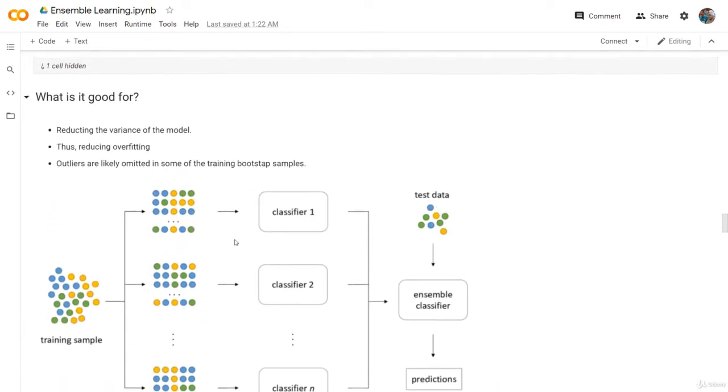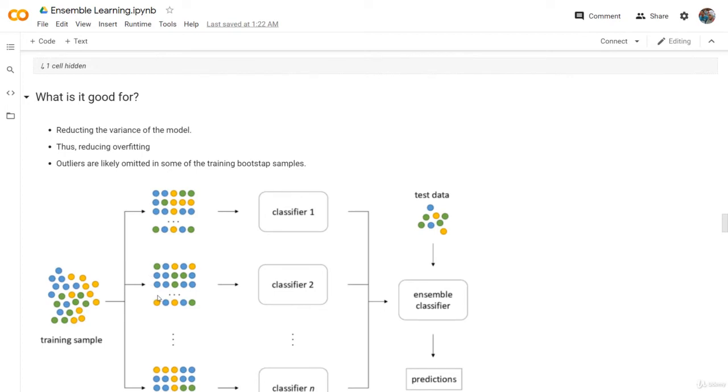Here, we are doing resampling with replacement, so some of the examples are not in the new training dataset for each classifier. So the out-of-bag error for this classifier will be different from the out-of-bag error for this classifier, because the duplicated examples here are different from the duplicated examples here.